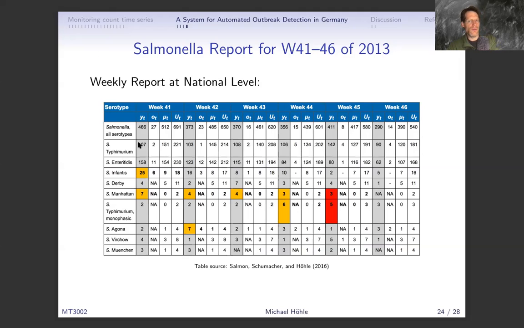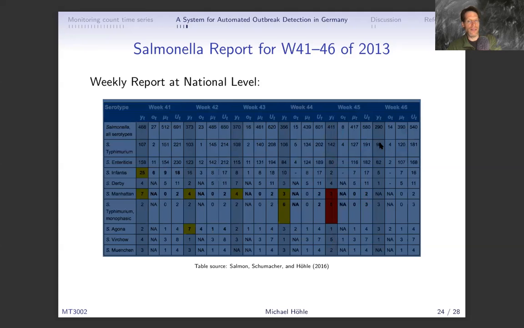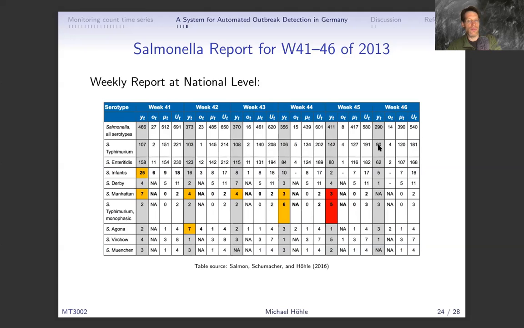So here you say, okay, I'm in week 46, which is the most recent week. YT is the number of observations I had; 90 was the number of observations. And here is something special for the German outbreak system: they already record if some of the cases belong together, if you have epidemiological evidence that they are connected, for example they ate in the same restaurant, and that's why we detected them.